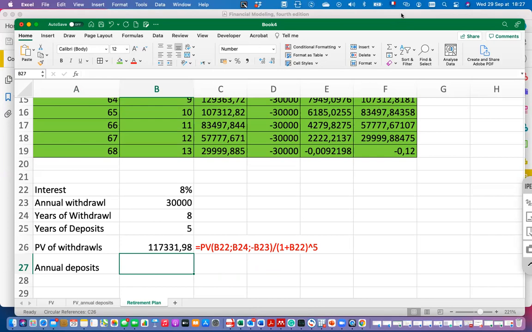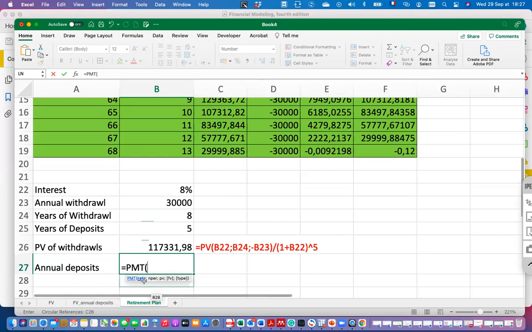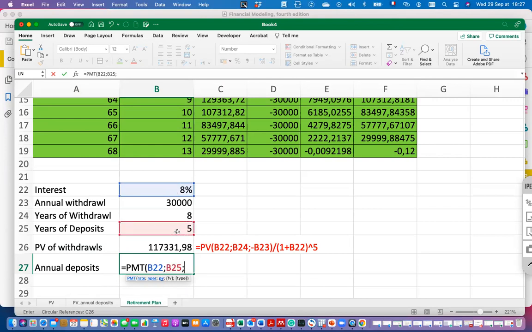That's why we're using the PMT function, a flat payment that will be equal to the present value of withdrawals. Then you have to add the required inputs. We start with the rate, which is 8%. Now the number of periods of deposits, not withdrawals, is 5. Then the PV, which is the present value we have computed right now, so minus the PV of withdrawals, then close the parentheses, and that's it.